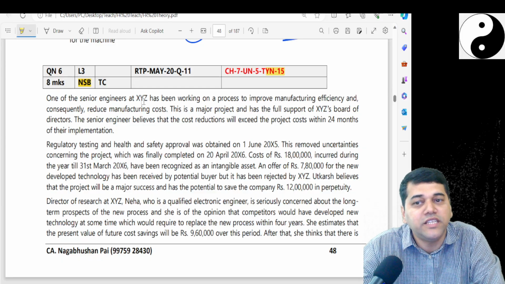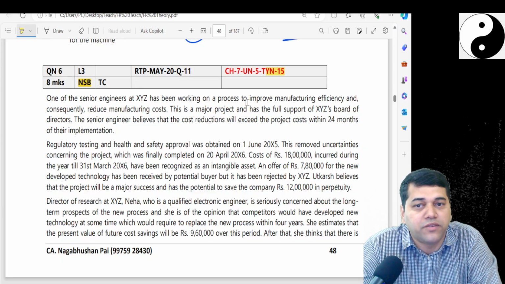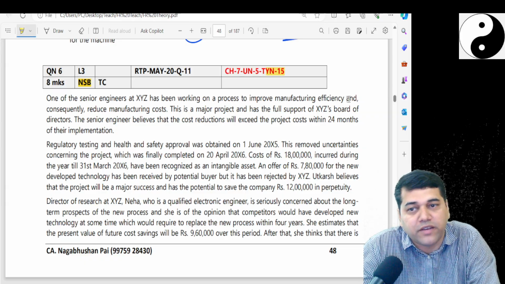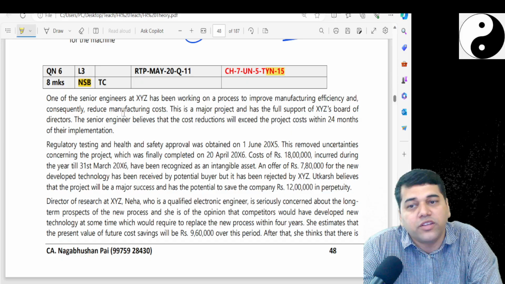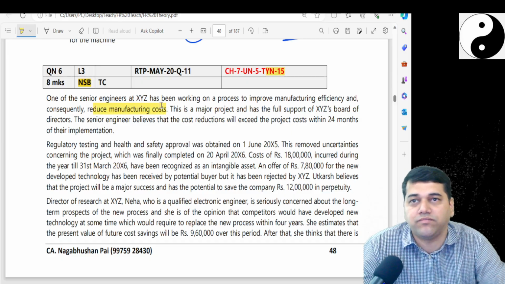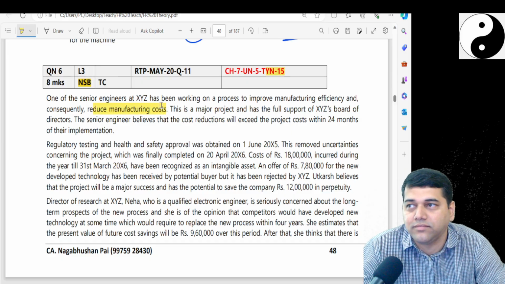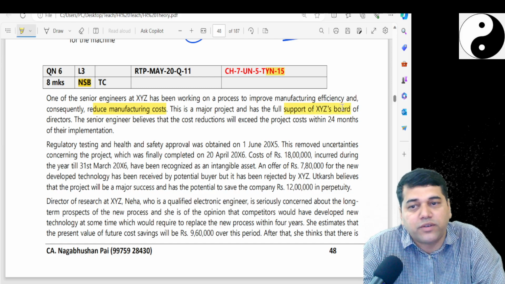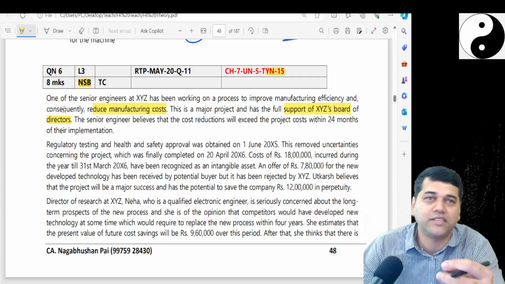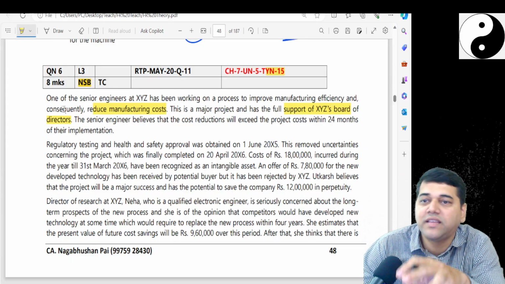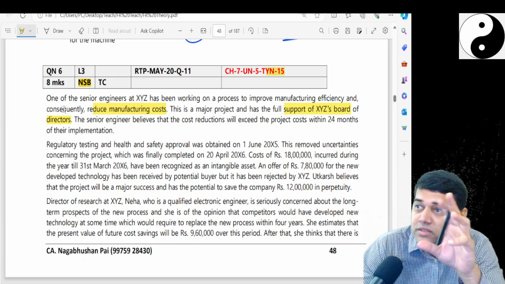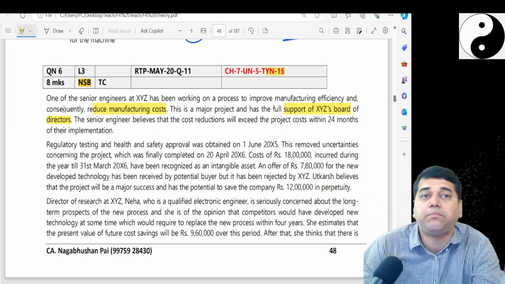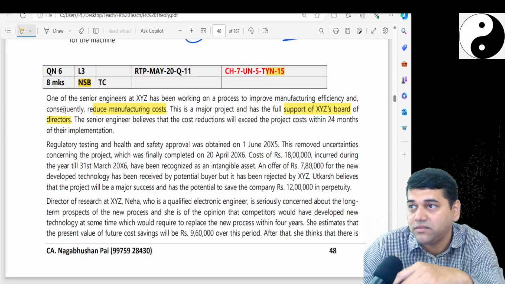One of the senior engineers of XYZ has been working on a process to improve the manufacturing efficiency, consequently reducing the manufacturing cost. This is a major project and has got the full support of the XYZ board of directors. Again, at this point of time I should tell you, this is an L3 question, because this has got application of Ind AS 38, which you are yet to do.